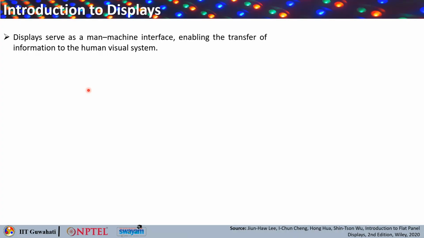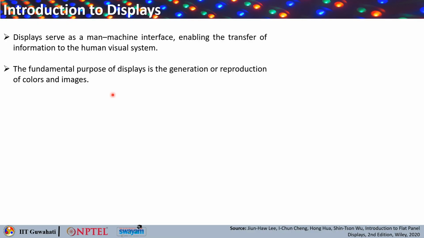So displays basically serve as a man-machine interface that enables the transfer of information to human visual system. So they are basically designed to present various types of content, including pictures, videos, animation, text. Okay, so all these things can be directly transferred to human visual system.